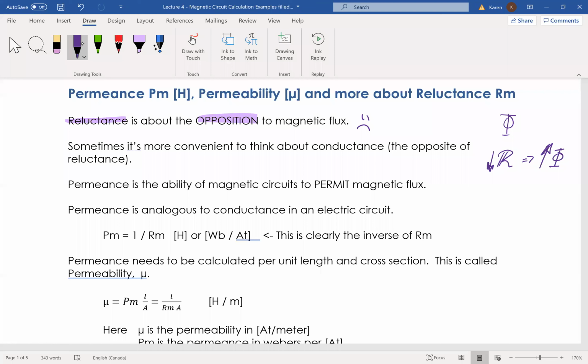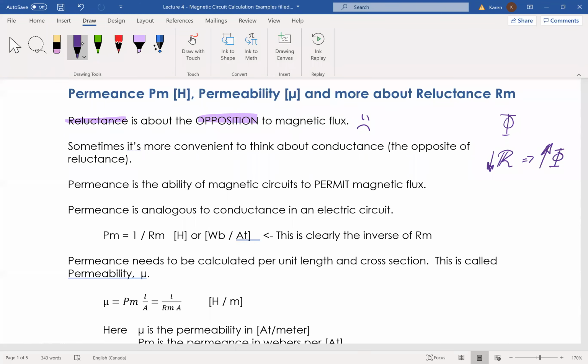It's like in an electric circuit, you have resistance, but the inverse of resistance is conductance. So conductance says how much current do I welcome in this electric circuit? Well, we have an inverse of reluctance, and it's called permeance.